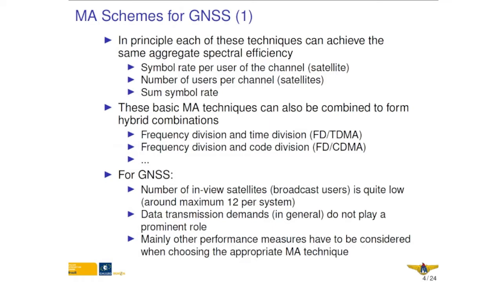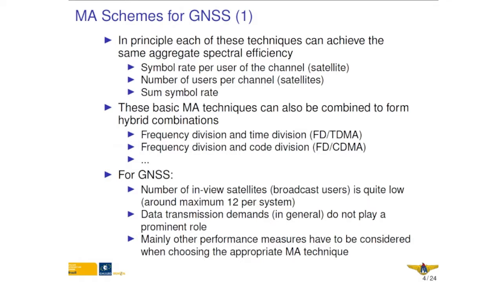For GNSS in general, we have the following side constraints on the system. The number of in-view satellites, so the broadcast users, is quite low, around a maximum of 12 per system, that we can see or receive at the same time, depending on time, the position on Earth, and the masking angle that we consider. So it's a rather small number of users that have to share the bandwidth.